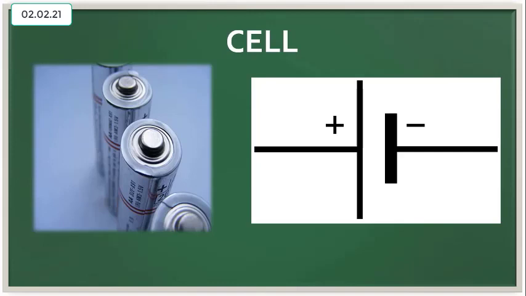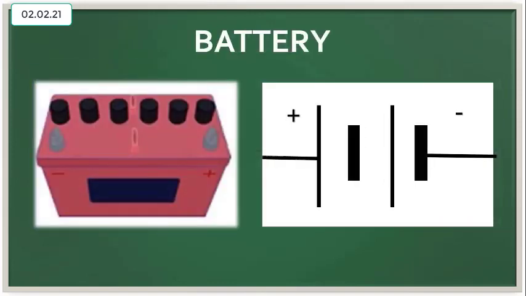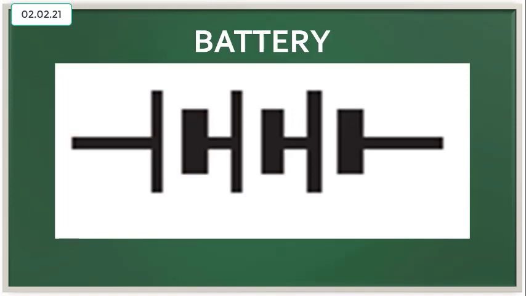Since we know that a battery is a group of cells, the symbol of a battery consists of two cells joined together. In the symbol for a battery, the positive terminal of one cell is joined to the negative terminal of the other cell. Thus, the symbol for representing a battery of three cells will have three pairs of long and short parallel lines connected to one another.